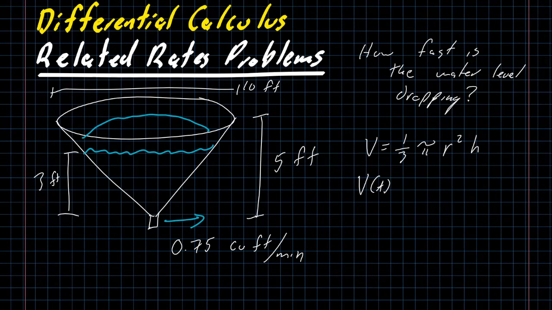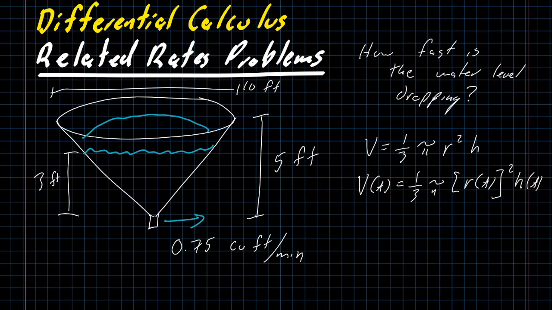I'm going to assume that the volume is implicitly a function of t. The radius is constantly changing. As the water level drops, the radius gets smaller and smaller. So the radius is a function of t, and of course the height is a function of t.